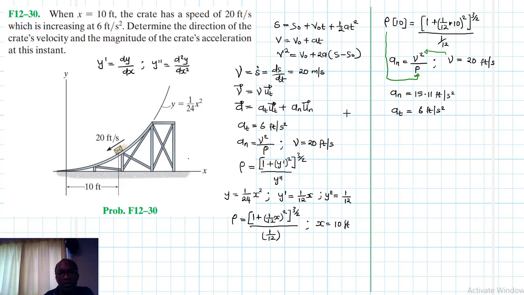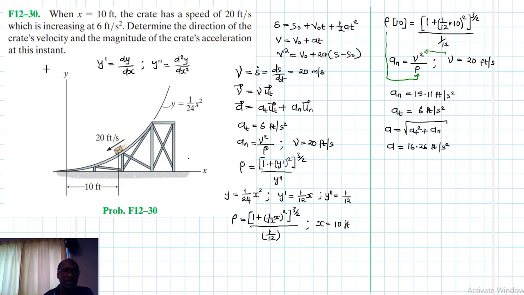Now we need to find the magnitude, which is the square root of at squared plus an squared. So we have 15.11 squared plus 6 squared, square root of that, so we have a equal to 16.26 feet per second squared.